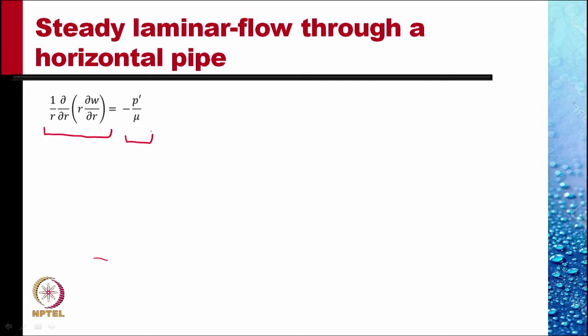One part is a function of R, the other part is a function of Z. The only possible way is if both of them are constant.